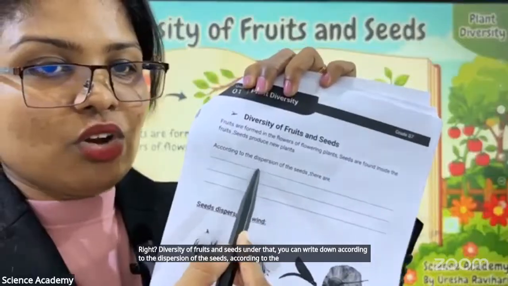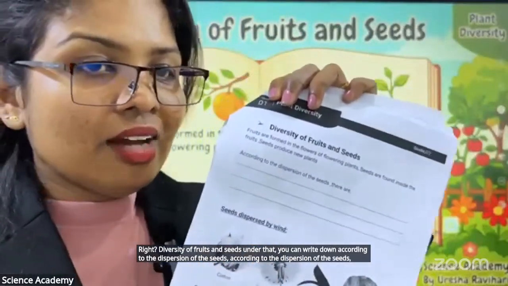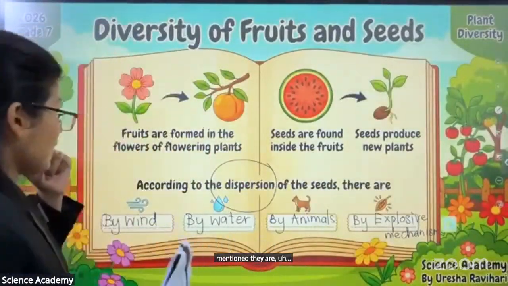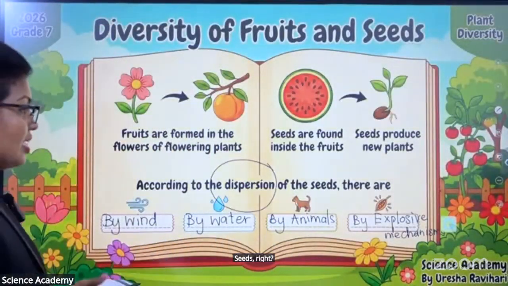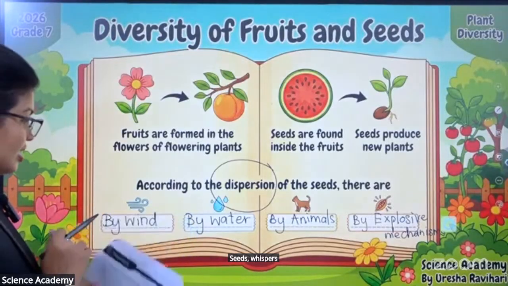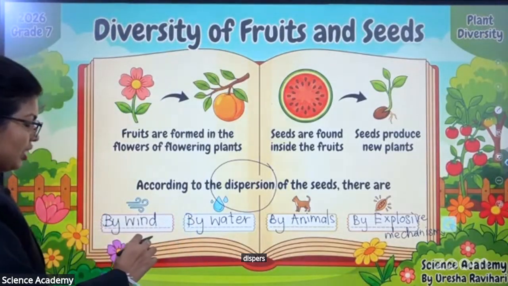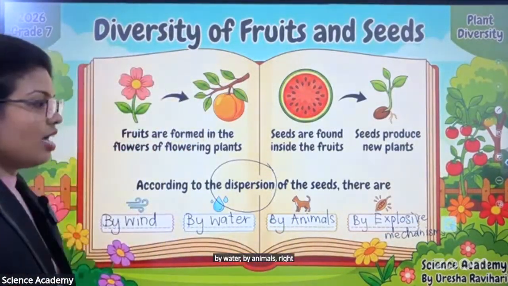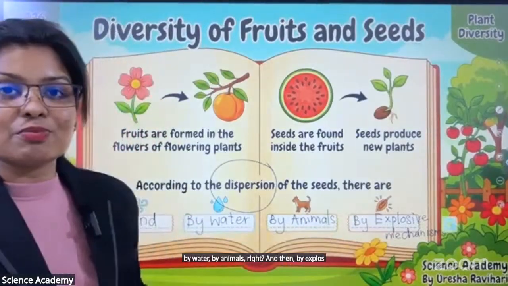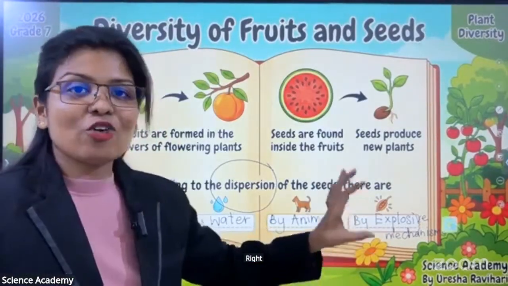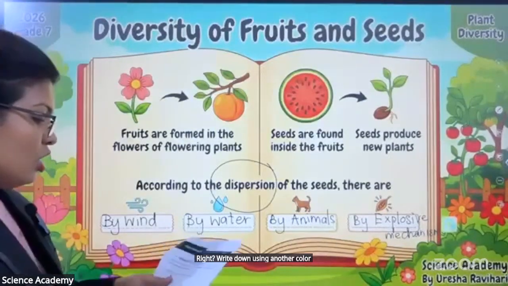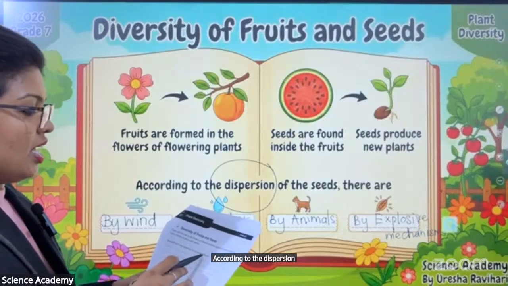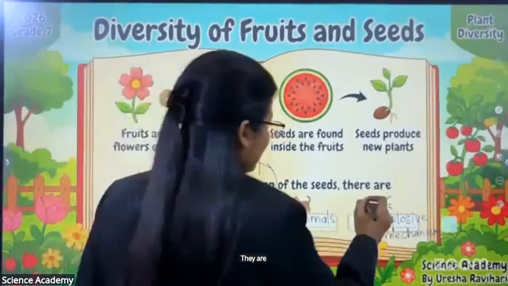There are seeds dispersed by wind, by water, by animals, right? And then by explosive mechanisms, right? Write it down using another color pen. According to the dispersion of seeds, there are seeds, mention it, okay?